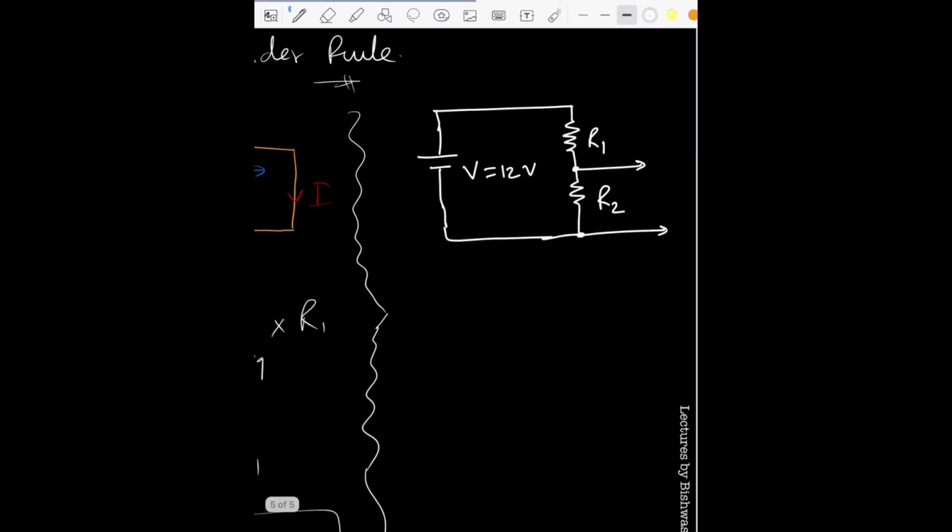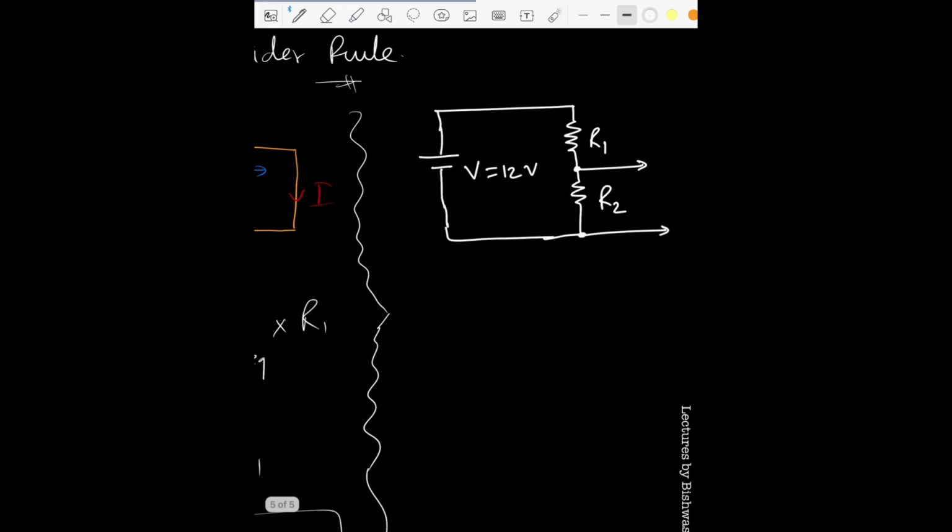Let's say across this R2, which we call V2 as per the convention you're using, we need to have 6 volts to make things easier. So this is our demand. We want the voltage across R2 to be 6 volts because we want to use that somehow. Let's say that's our application.